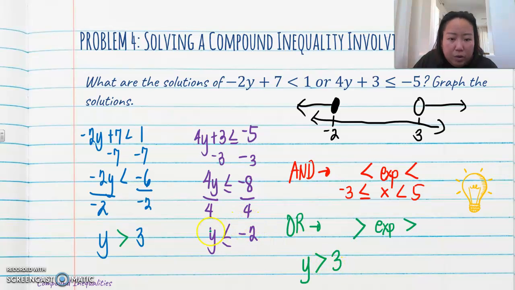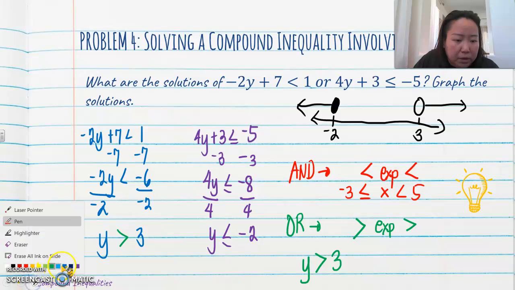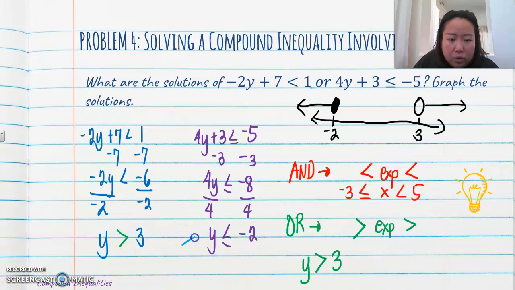Now, if we rewrite this part so that the y is this y over here, and this is negative 2 over here, you will see that negative 2 has the open part. And so you will see that if you have the greater thans in that compound inequality, that's when you have an or. And so your graph will be pointing to different sides.